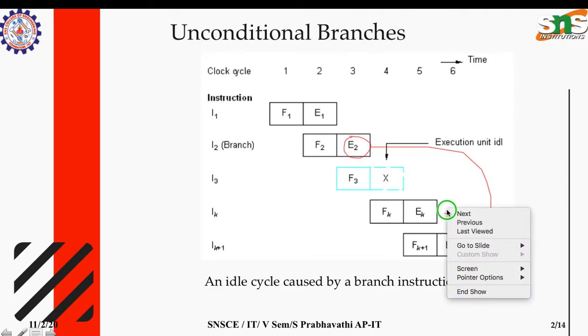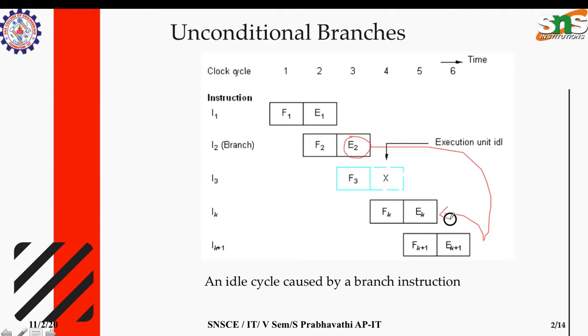While executing instruction 2 at clock cycle 3, instruction 3 happens to be fetched, is it not? That is the concept of pipelining. So instruction 3 is fetched in parallel at clock cycle 3, and only at the end does it get to know this instruction has to be discarded, because the right instruction to execute after I2 is Ik. So there it introduced the stalls.